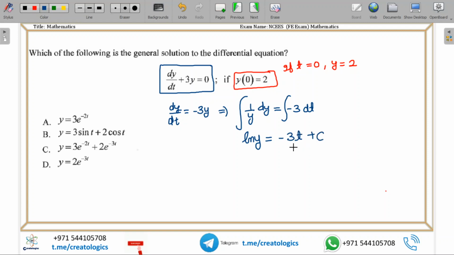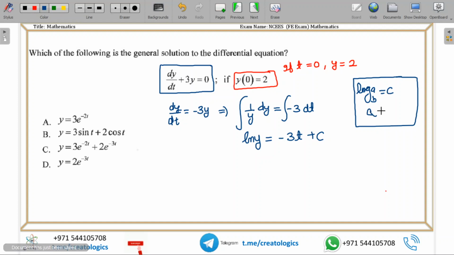Now the definition of the logarithm says if log of a to the base b is equal to c, then a is equal to b raised to the c. And when I write ln of a, it means the base is considered as e.